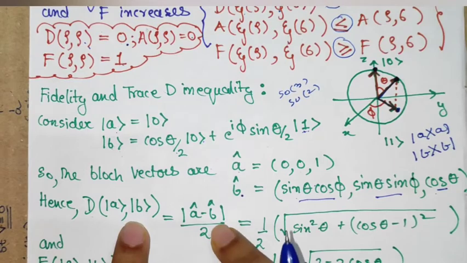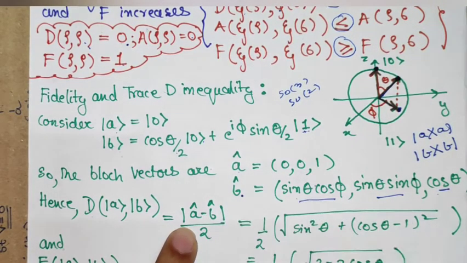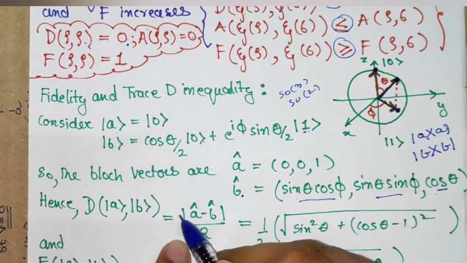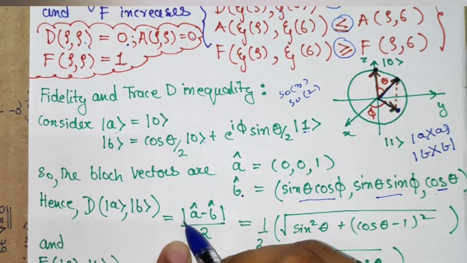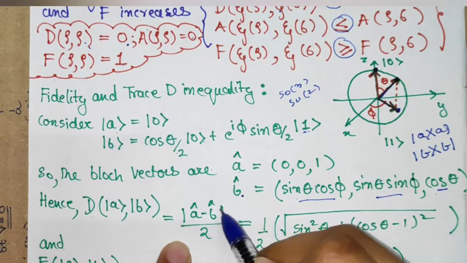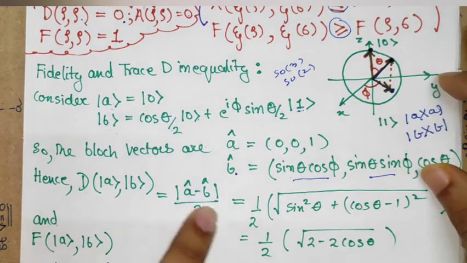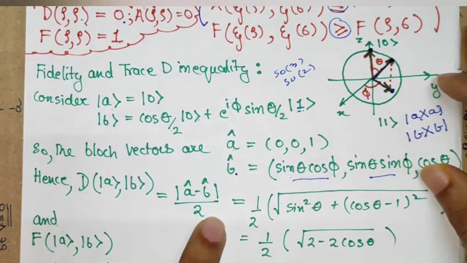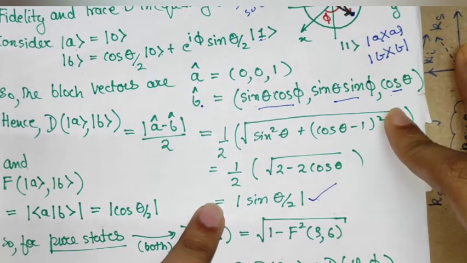The trace distance in the case of a Bloch sphere reduces to a proportionality to the actual radial distances. So you see, this is the magnitude. This is just the way we find the Euclidean distance. So the trace distance is just the Euclidean distance between the Bloch vectors, and that is found to be the norm of sin theta by 2.